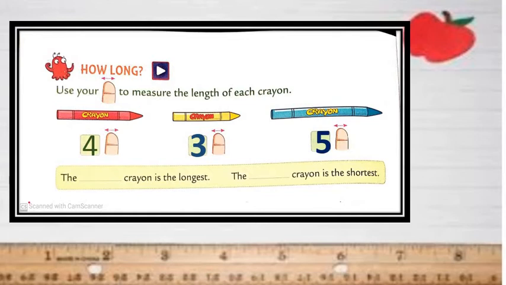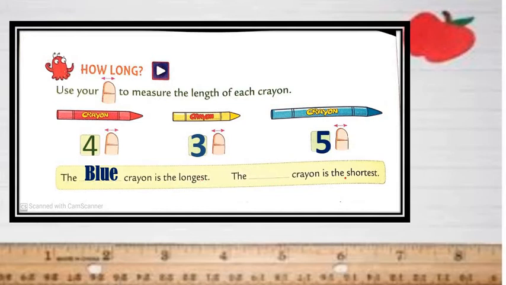Here we are having 2 blanks. The dash crayon is the longest. If you observe, you can see that the blue one is the longest one. The blue crayon is the longest.